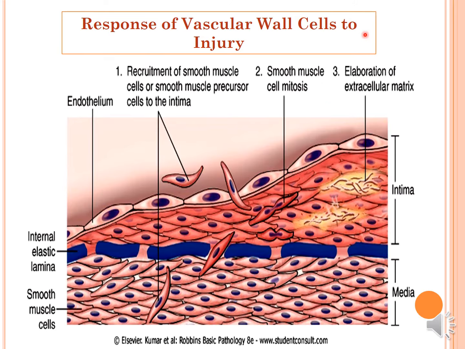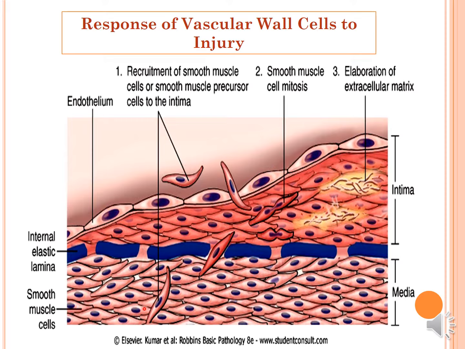During the process of endothelial injury, there will be certain changes taking place inside the wall of the blood vessel itself. So besides promoting coagulation inside the vessel, the wall of the blood vessel itself will undergo changes. These changes include recruitment of smooth muscle cells into the intima.